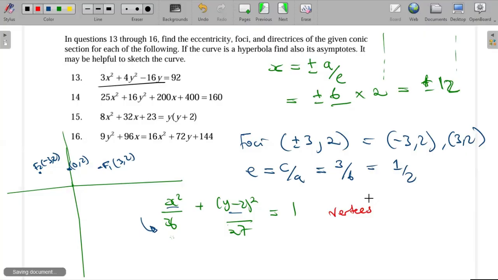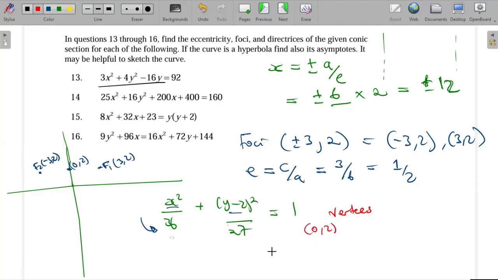Now this here is in the x-axis. That means that is where our major axis is. So our vertices in there are going to be in terms of A, so plus minus. You're going to say plus minus your center, which is 0, comma 2.